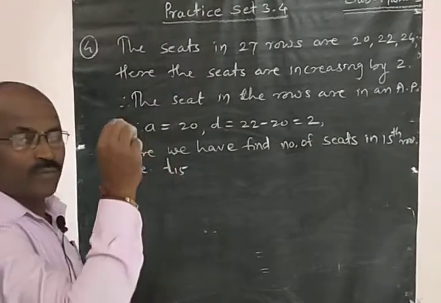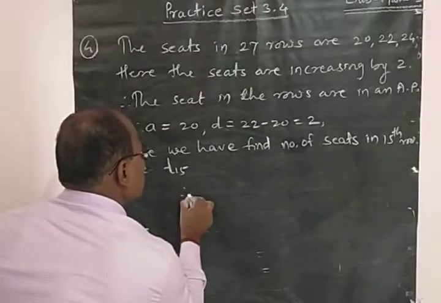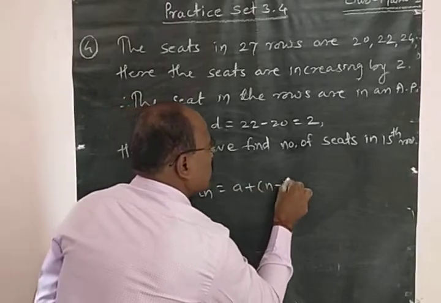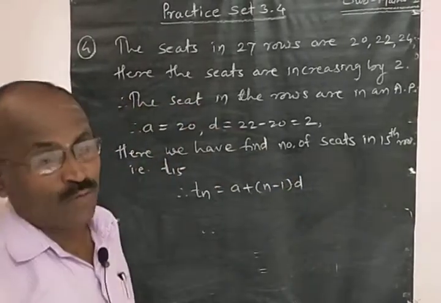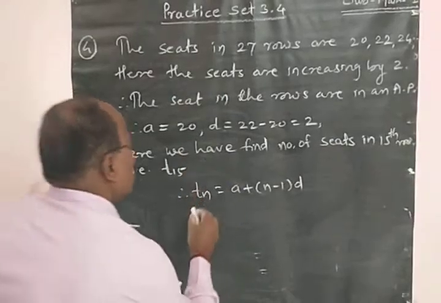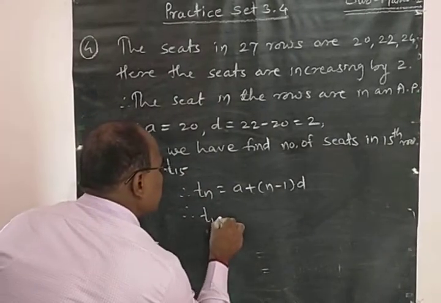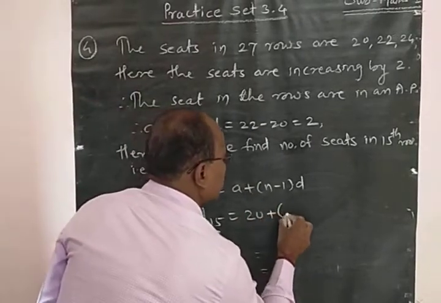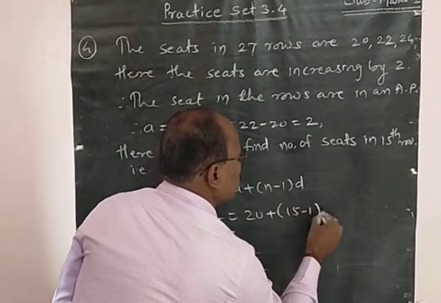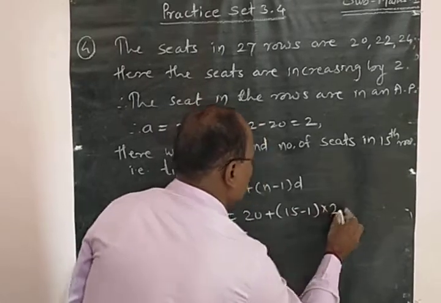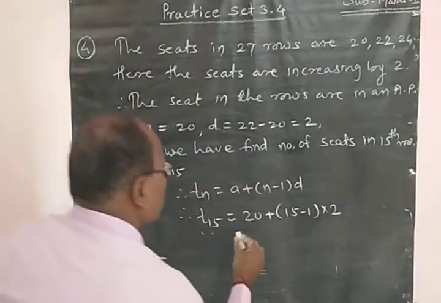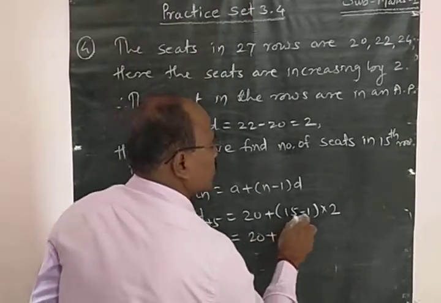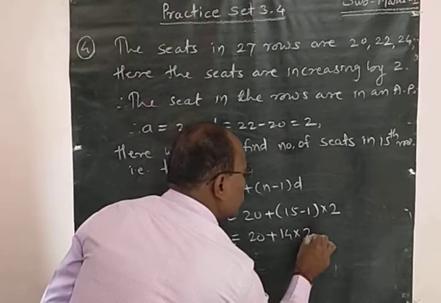Therefore we have to find T15. Use here Tn is equal to a plus n minus 1 into d. To find T15, we have to use the Tn formula. So T15 is equal to a is 20 plus n is 15 minus 1 into d is 2.